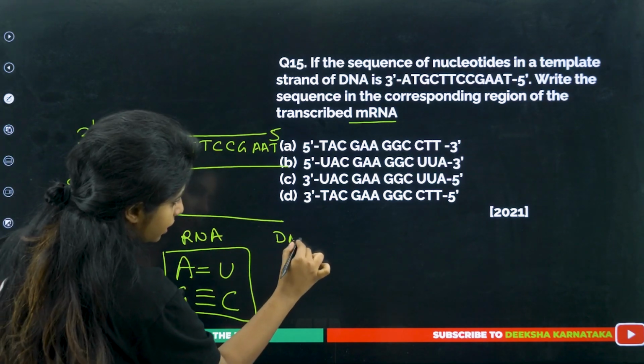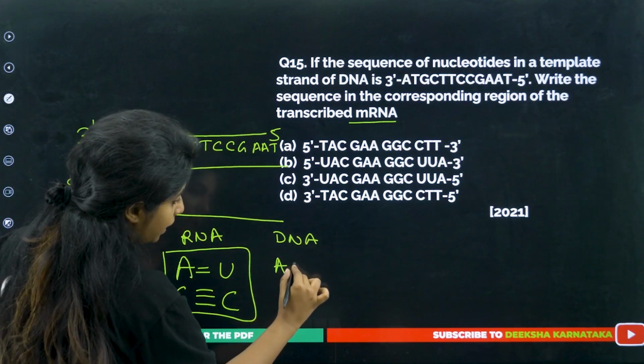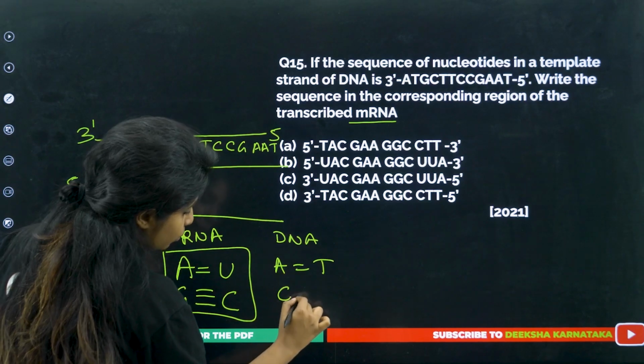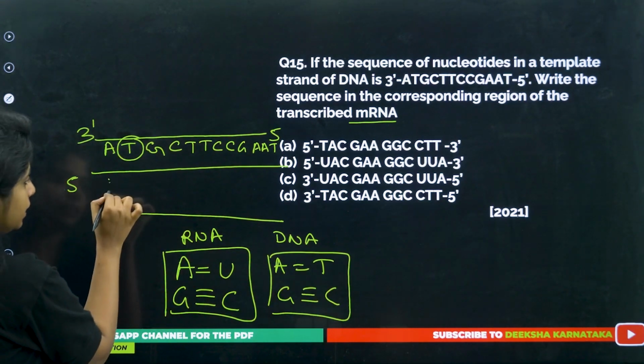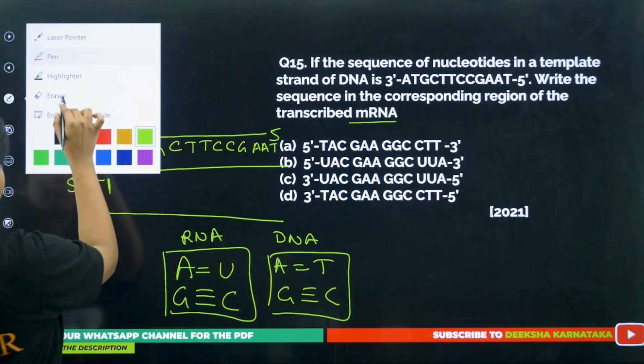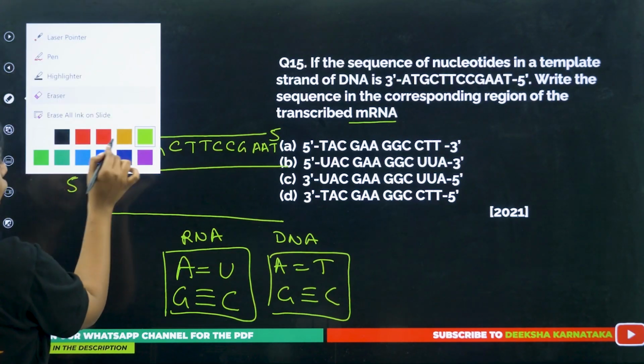In the case of DNA, A was binding with T and G was binding with C. So over here, A will be binding with what, children?